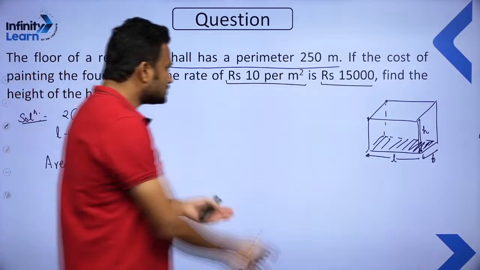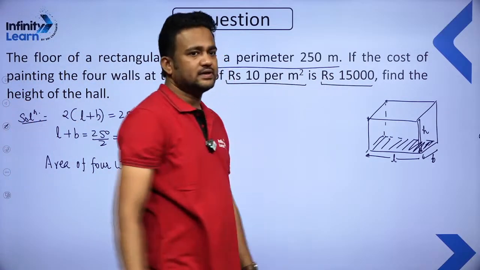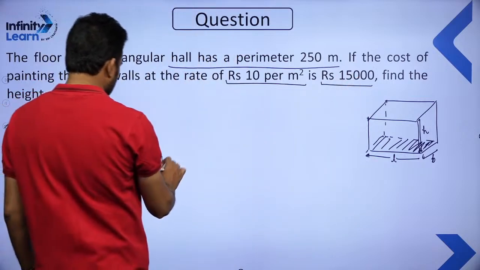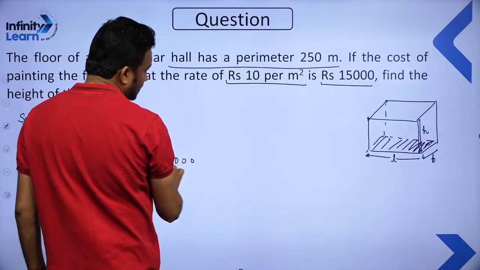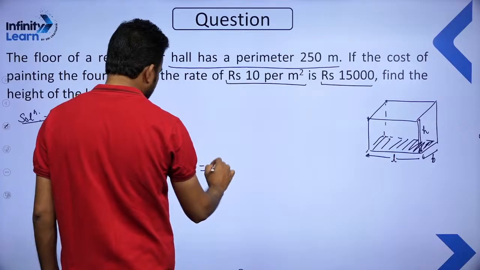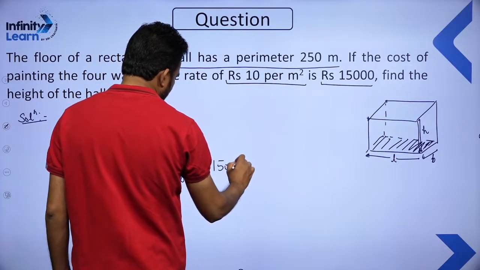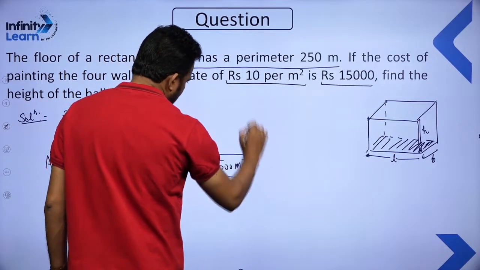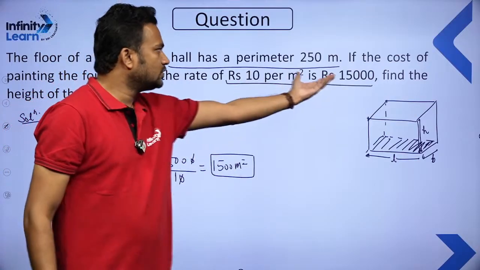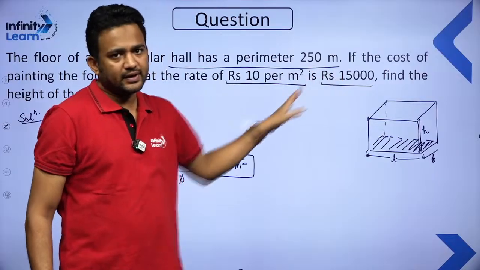So the total cost, 15,000, divided by the cost of 1 meter square, which is 10. Once you simplify this, you will get 1500 meter square. So this is the area of 4 walls. You can check, if you multiply by 10, then we get the total cost, which is 15,000, right?